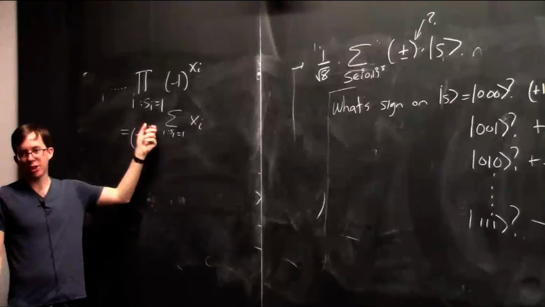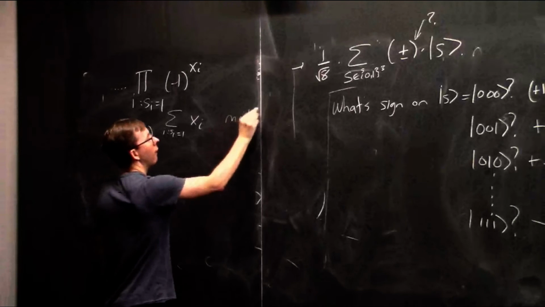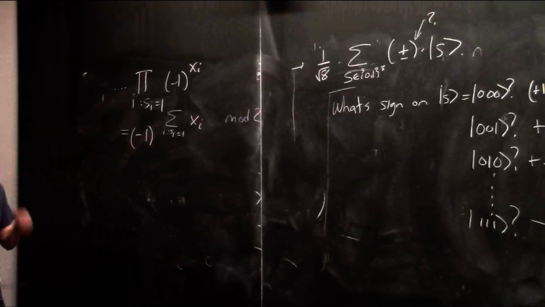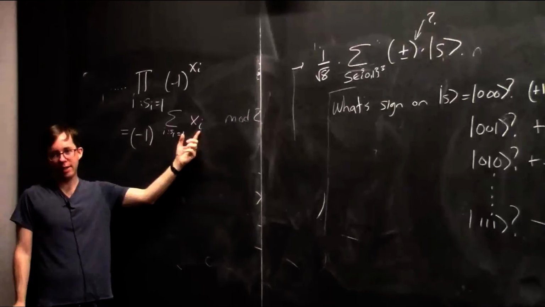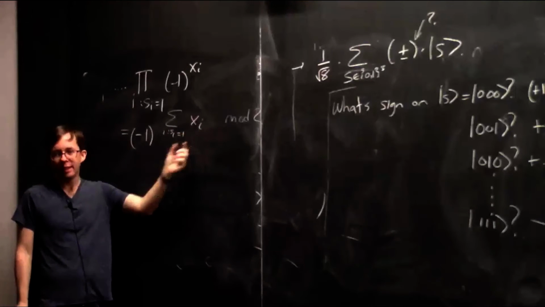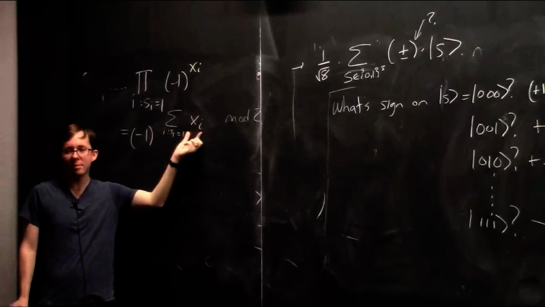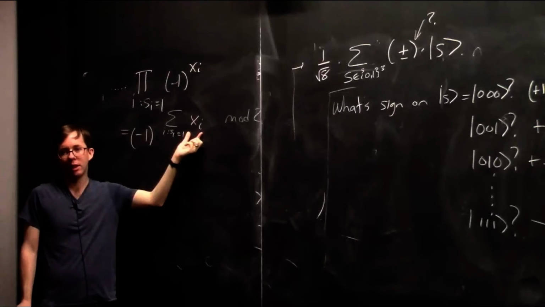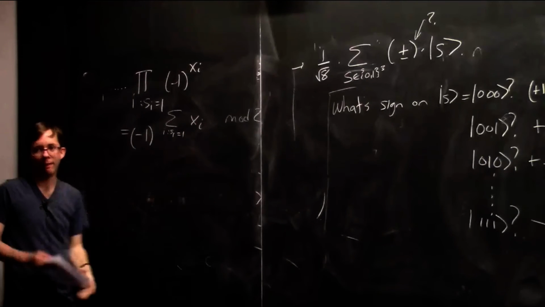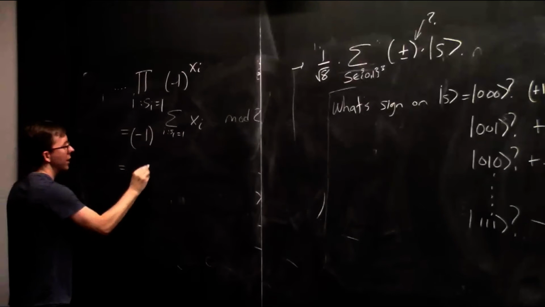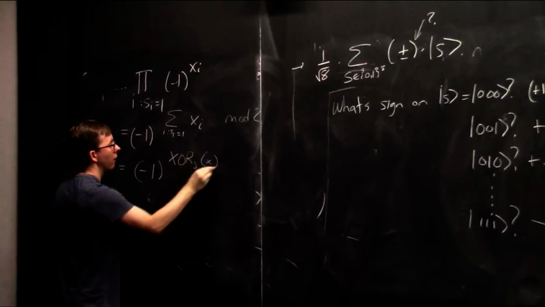This is -1 to an integer, so we can take it mod 2. And now what are we doing? We're adding up some subset of xi's values mod 2. Adding bits up mod 2 is taking the XOR. So we're XORing a subset of x's bits. Which subset? All the bits where S has 1. So this is -1 to what I'll write as XOR sub S of x.